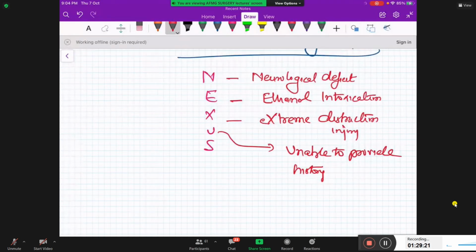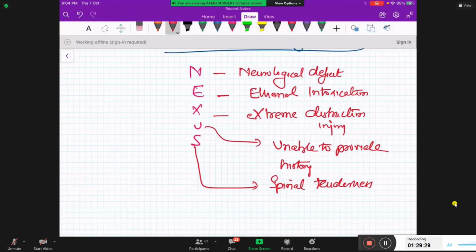S stands for spinal tenderness. N stands for neurological deficit. E stands for ethanol intoxication. X stands for extreme distraction injury.